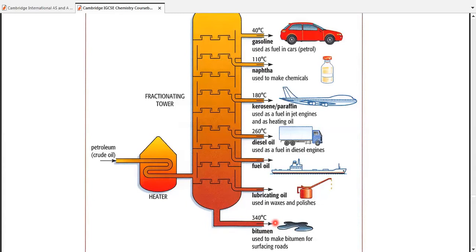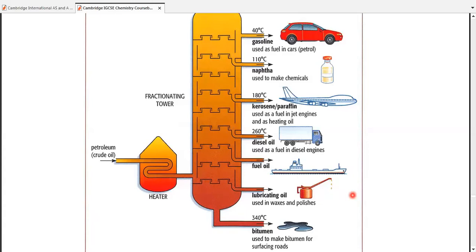Hence, there would be many compounds out of those hundreds which would boil at a higher temperature than 340, or even the preheater's temperature of 350 or even 400 degrees centigrade, which means that most of the compounds in the bitumen fraction are not affected by the preheater's temperature. So they simply pass down to the bottom without getting boiled.